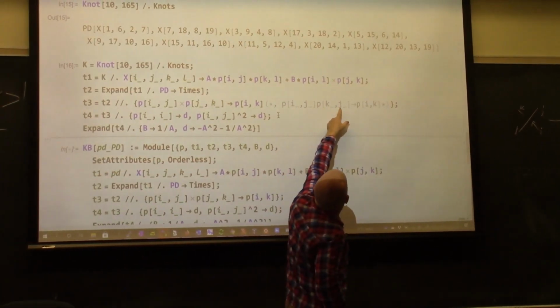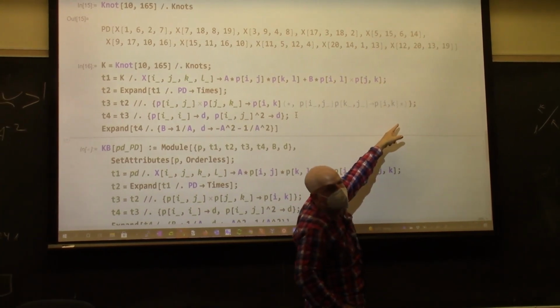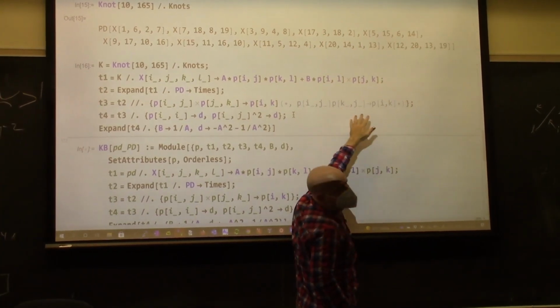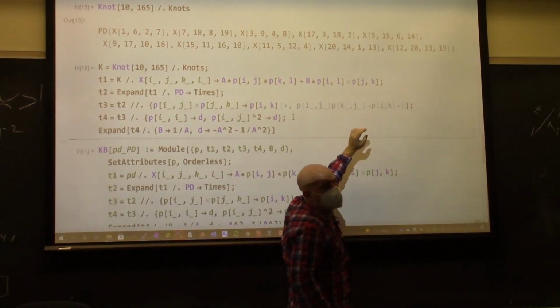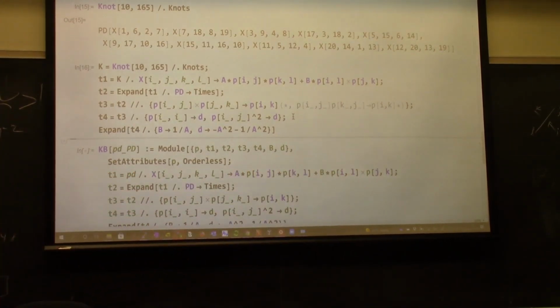So Pij, Pkj becomes Pik. And in fact, there should be more simplification rules, but they follow from the commutativity of multiplication. So you don't need them.